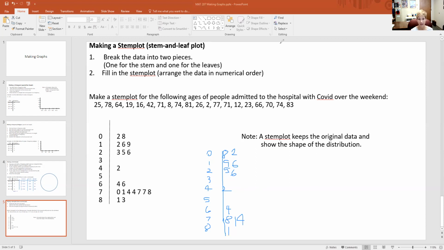Now, what's weird about it though, what if your data was like 115 and then 125 and then 132, and then 114, and then 135. Well, now it's going to be a little stickier. You got 3 digits. How are you going to break it into 2 pieces?